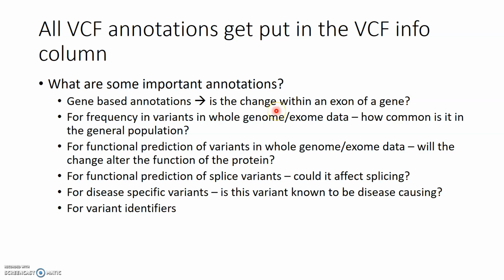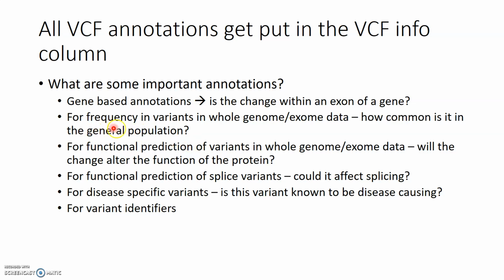Is the change within an exon of a gene? With whole exome sequencing, we're going to get some overlap with intronic sequences, or sequences that aren't immediately translated to proteins. Genetic changes in the intronic sequence might be relevant, but it's very difficult to tell because it's not immediately translated to proteins.